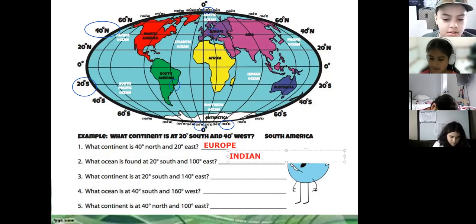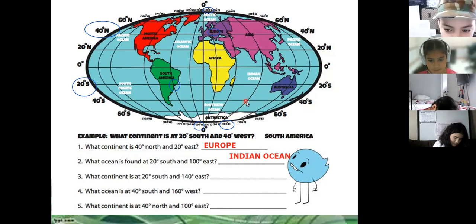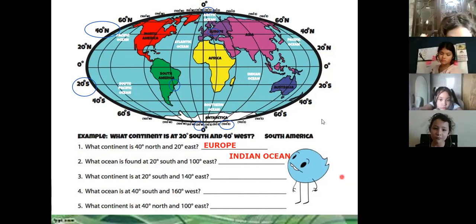Excellent. How do you know that it is the Indian? Do you see 100 east comes until here because here is 20 south. 20 south with 100 east make a match, an intersection, in the Indian Ocean, right? That's the way that the lines help us to find a location.